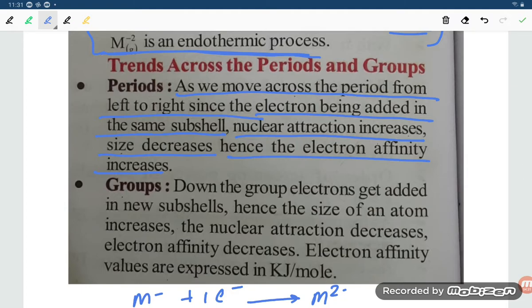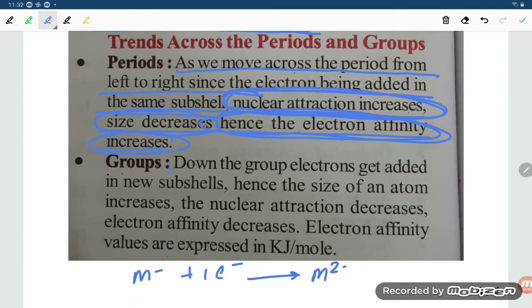That is why in the period it is increasing. Again, as we move across the period from left to right, nuclear attraction increases, size decreases, hence electron affinity will also increase.